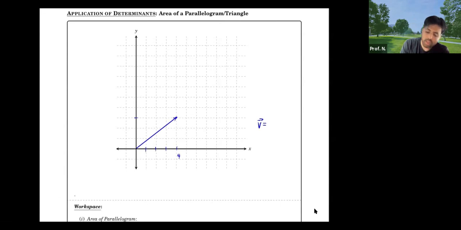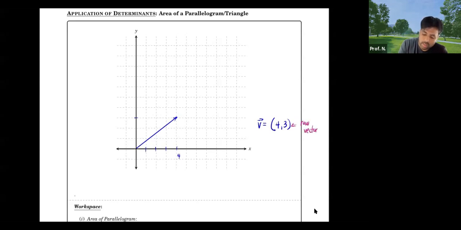Another thing, I noticed on the homework there are different notations for things. There are various ways to represent a vector. We talked about the row vector, so we can write this literally like this: 4, 3. That's the row vector version.